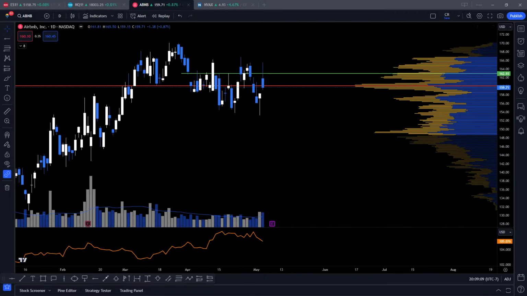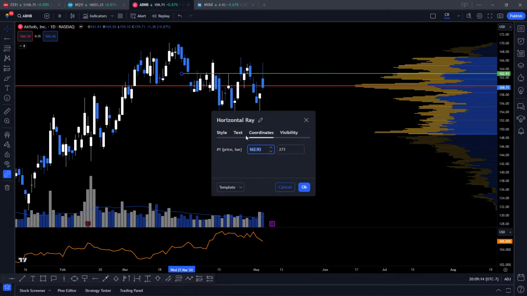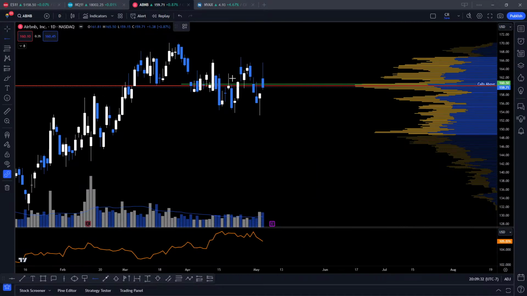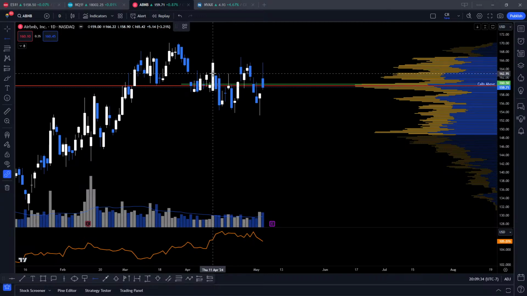The first play that I'm looking at is going to be on Airbnb. I'm looking to take calls over 160.50, and on this one, I'll be closing it at 163.